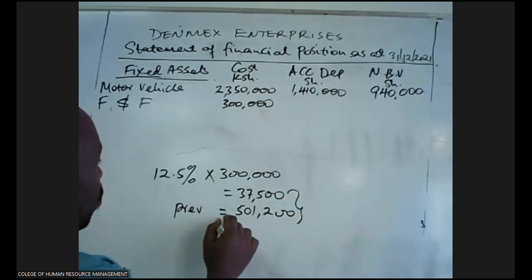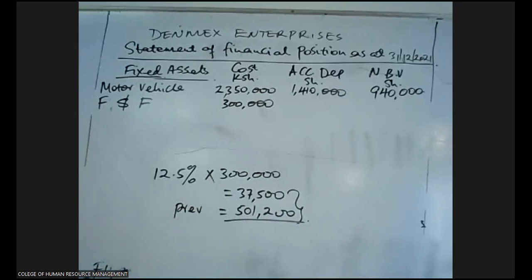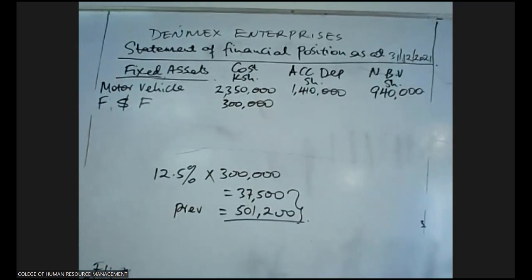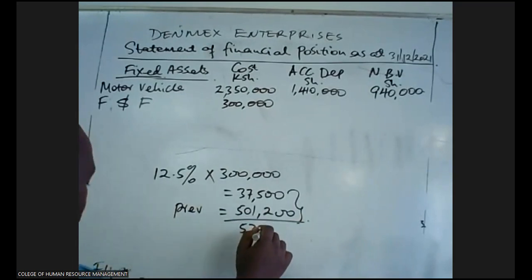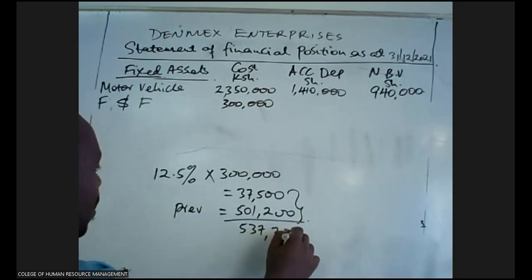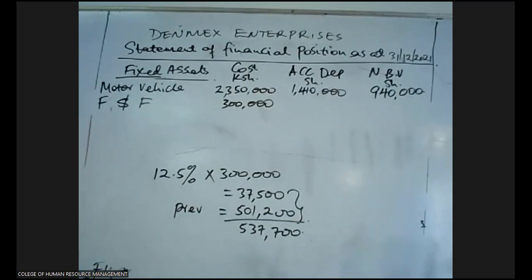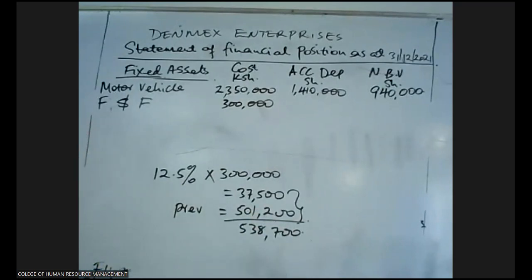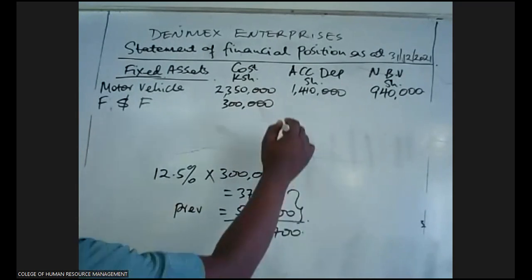If you add the 2, that figure comes to 538,700, which is now the accumulated depreciation.